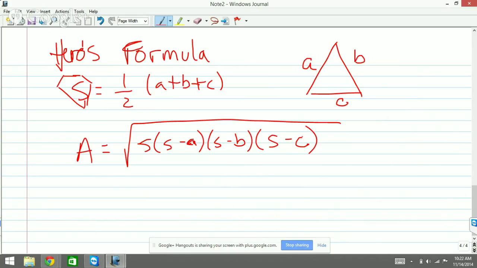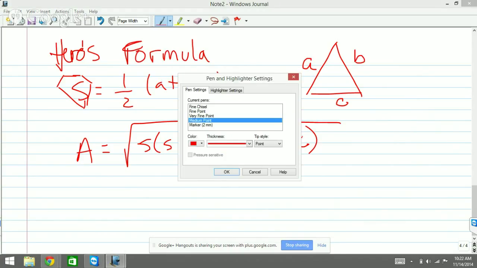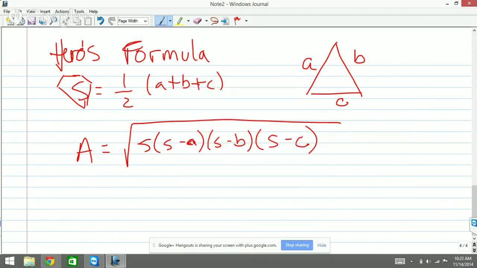Okay, so let's just do one. I had planned on this, but we'll get to it because everybody's like deer in the headlights. Okay, 5, 6, and 7. And then you just plug them in. Okay, you have to calculate S first. So S is 18 over 2, so that's 9, right?